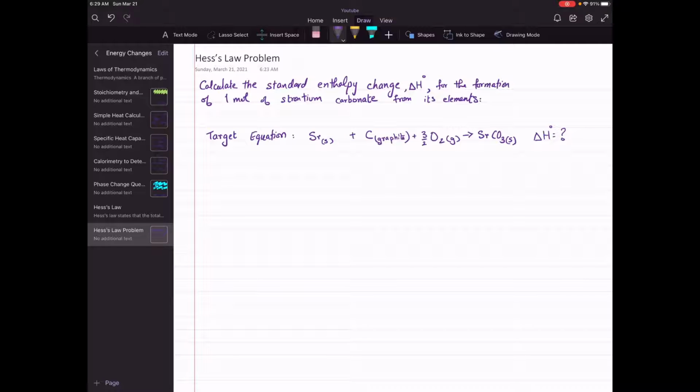So the equations that they have given us, first equation is Sr, strontium, solid, plus half oxygen, and that's a gas. Usually you will have whole numbers. It is very rare to get a fraction in Hess's law, but in this case we do have one.